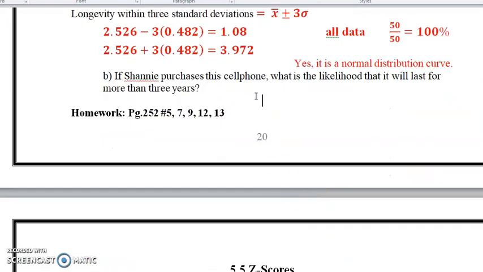Right? So to get what we need, the likelihood that it will last for more than 3 years is 100 minus 84%, which is equal to 16%. So there's a 16% chance that this phone will last for more than 3 years.